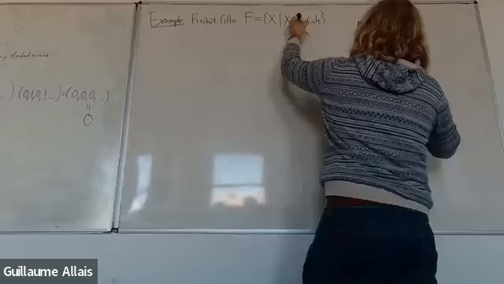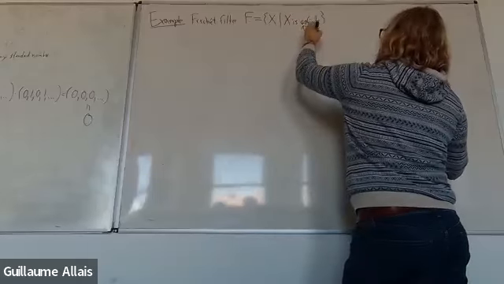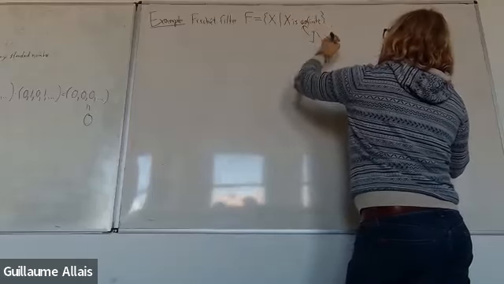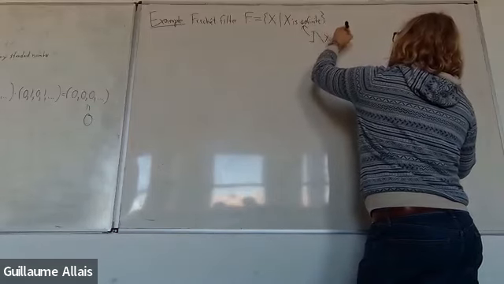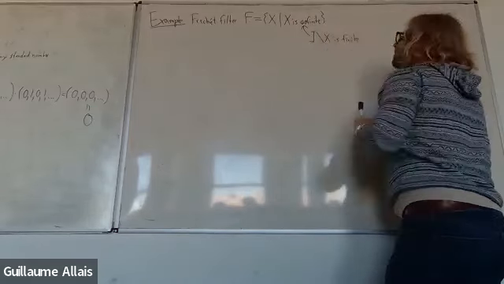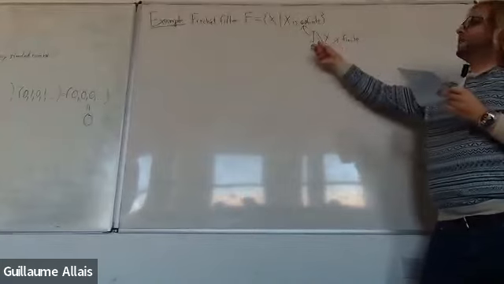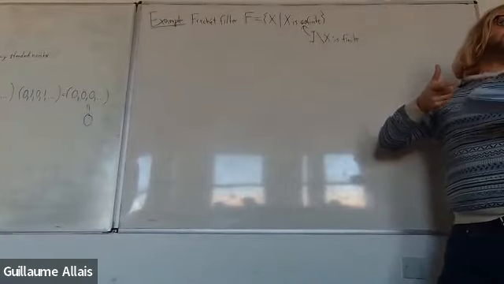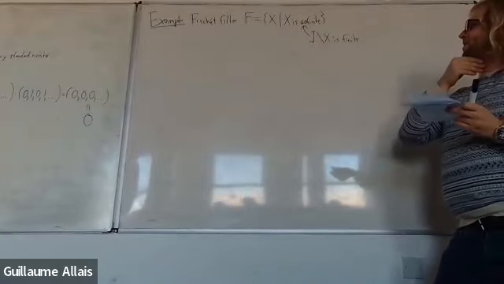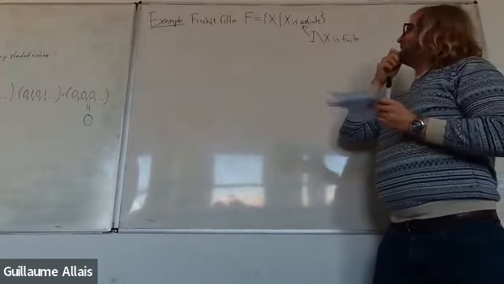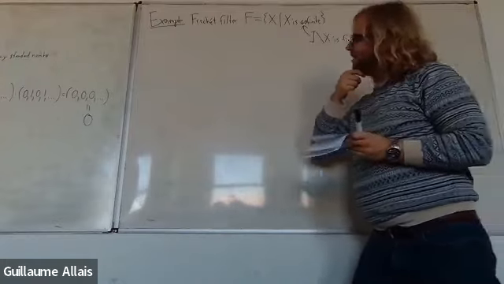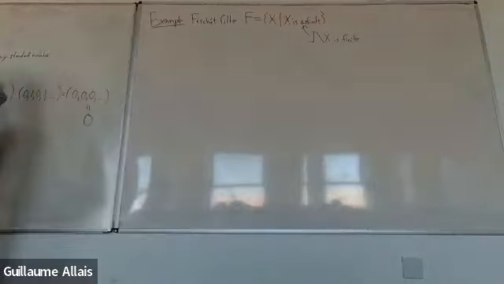By cofinite, I mean that the complement of X is finite, so you're only allowed to leave out a finite number of things from the set. Let's check that this is a filter quickly. If I have the whole set, then the complement is empty, which is finite.